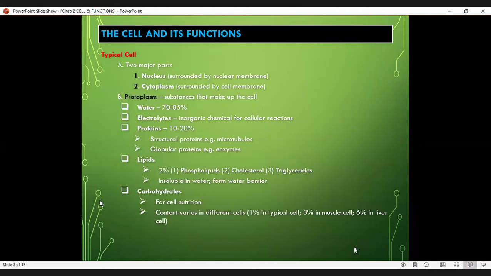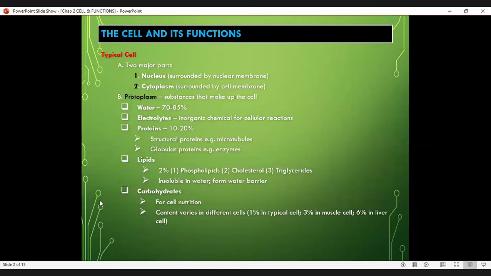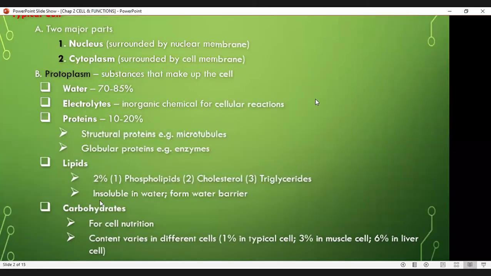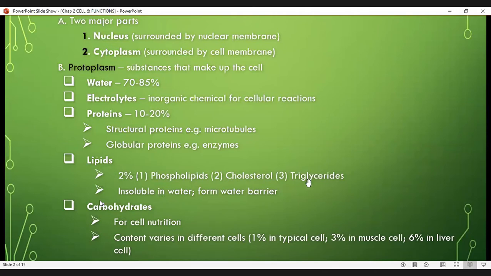But in fact, the cholesterol is the one that maintains the fluidity of the cell wall.